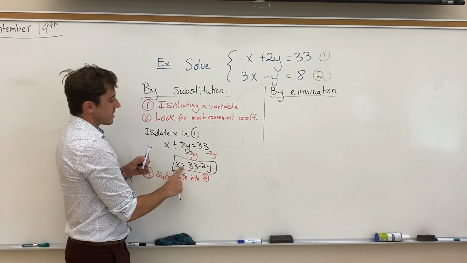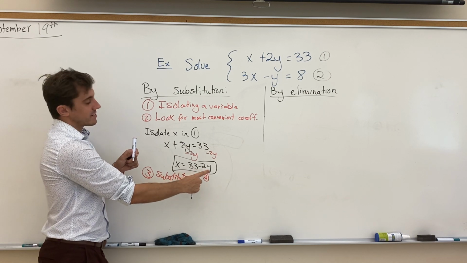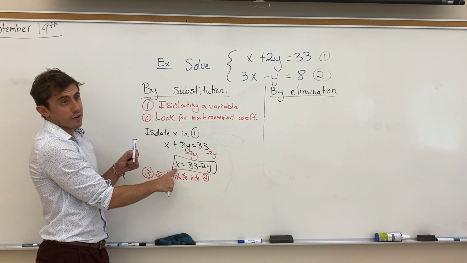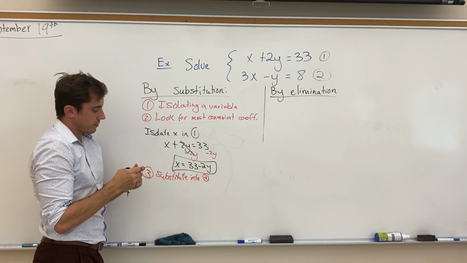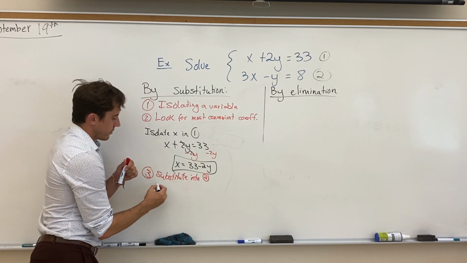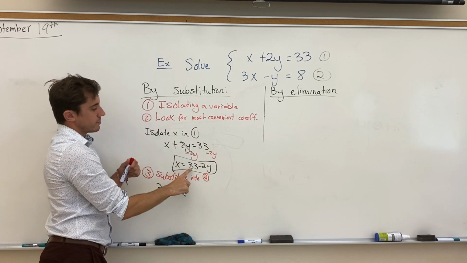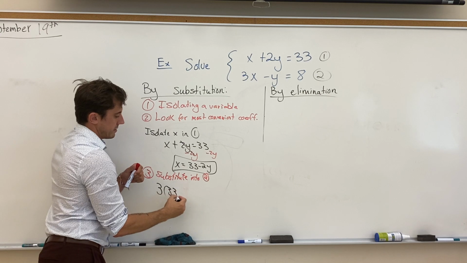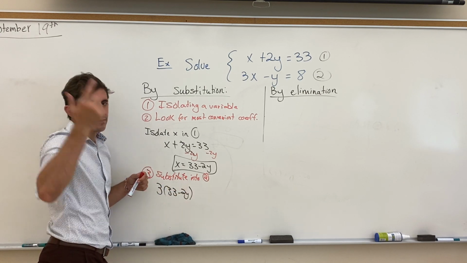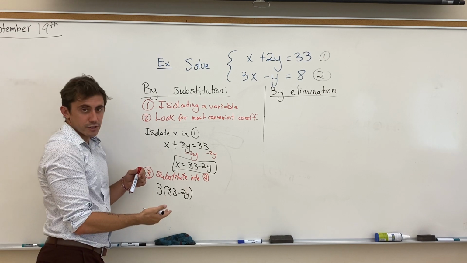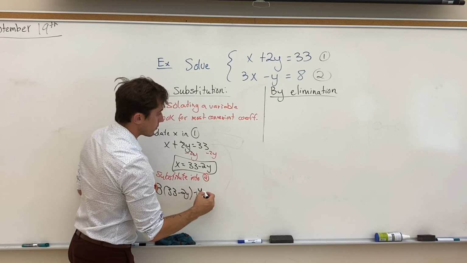So now 33 minus 2y is going to be substituted into wherever x is in equation 2, and what will come out of that is 3 times, again, instead of x, we're going to substitute in 33 minus 2y, okay? Whenever I do a substitution, I always put in brackets just to keep things straight in my head of what I'm actually doing in my solution, and then the rest stays the same, so we have minus y is equal to 8.